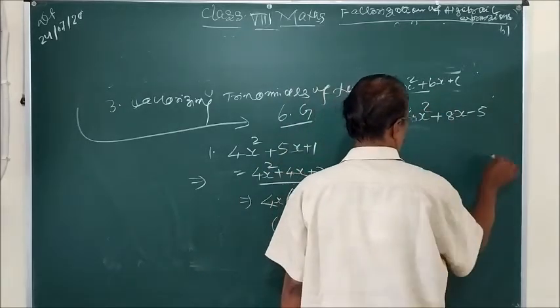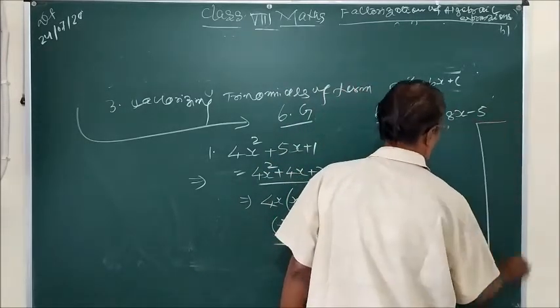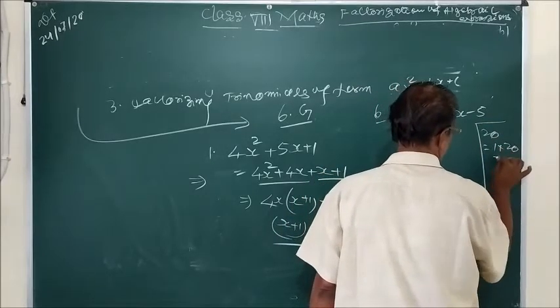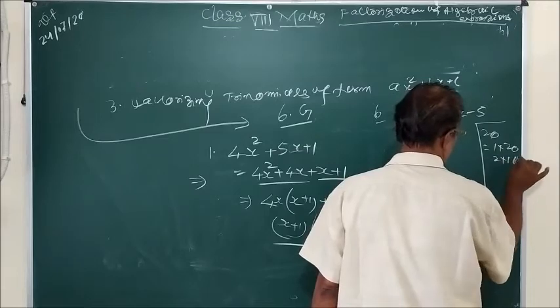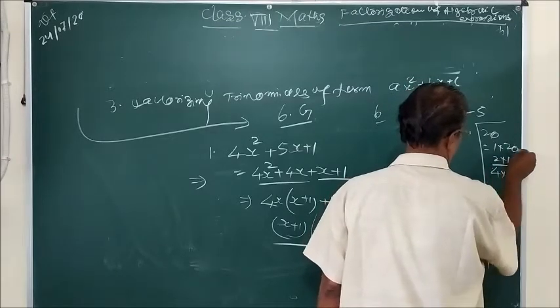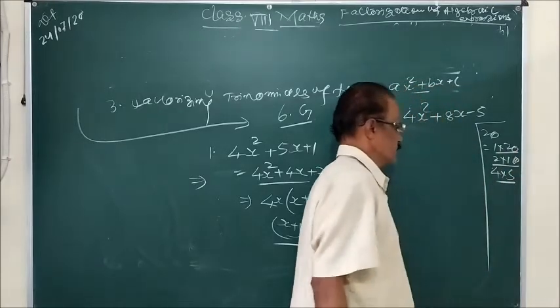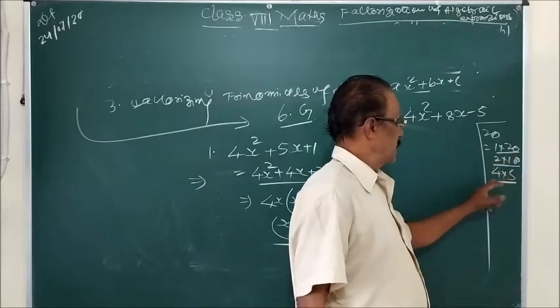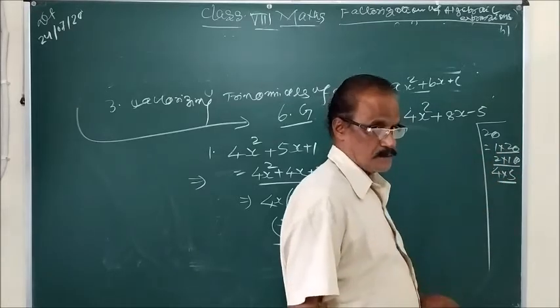So 4 into 5, 20. Factors of 20: 1 into 20, 2 into 10, 4 into 5. These are pairs of factors, because if you multiply these two, the product will be 20.